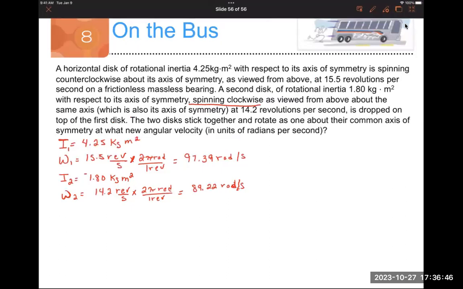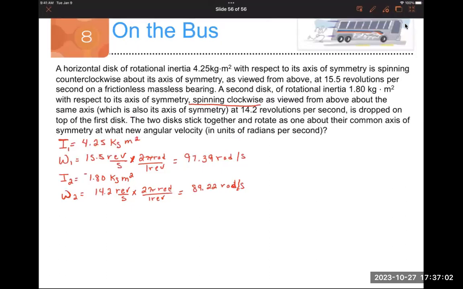It's dropped on top of the first. So the second disk is dropped on top of the first. The two disks stick together and rotate as one about their common axis of symmetry. At what new angular velocity in units of radians per second?